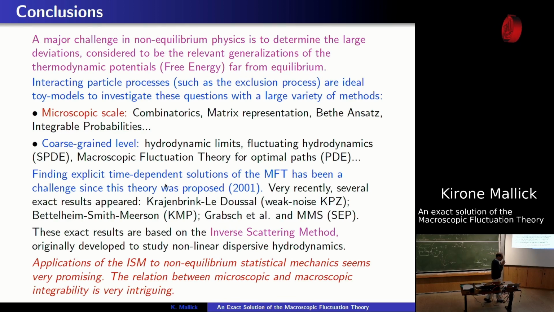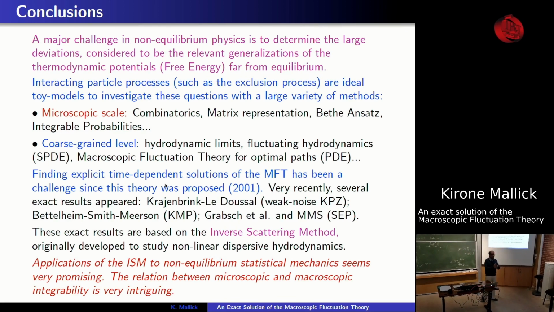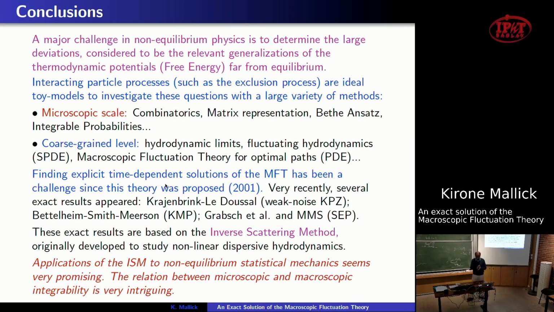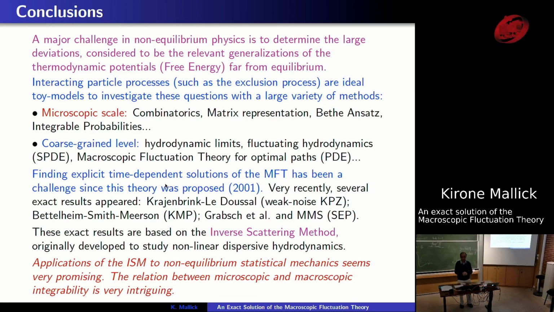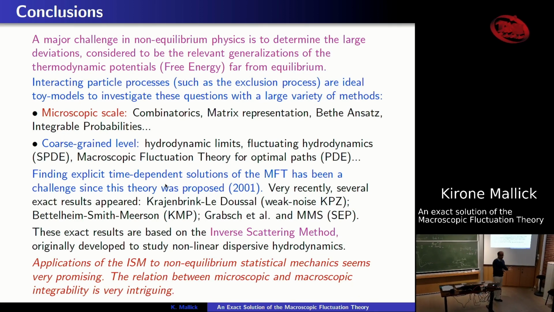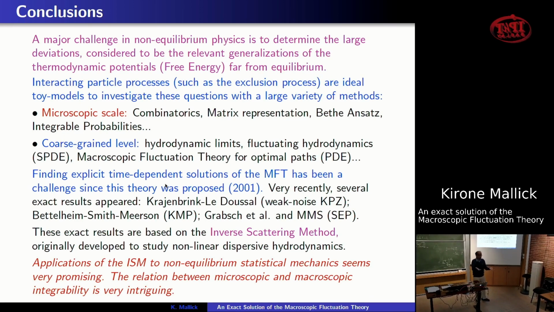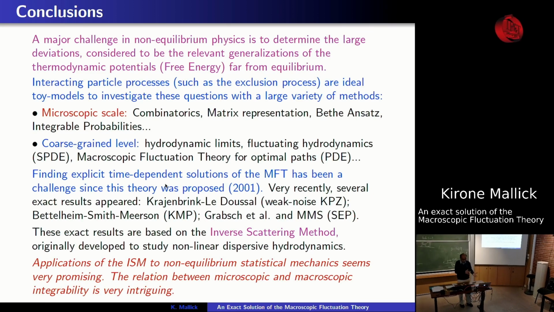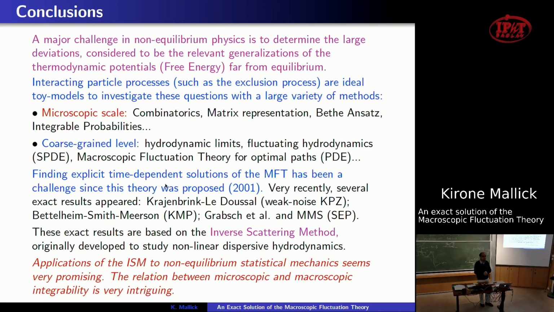Now there's a kind of dictionary going on. At the microscopic scale, you have many models, and we were talking about that with Vincent just half an hour ago, like the Toda chain, which is a model coming from quantum mechanics, I imagine, that can be translated into a stochastic interacting particle system.